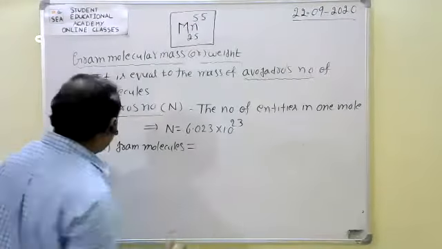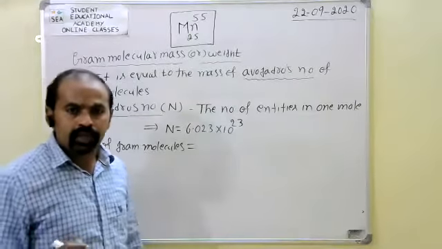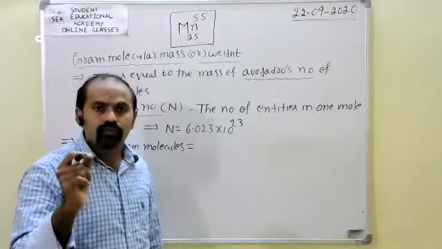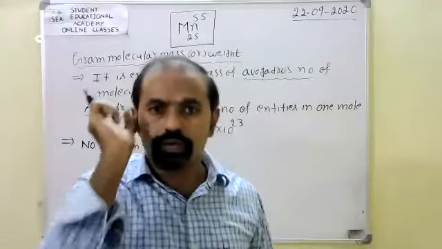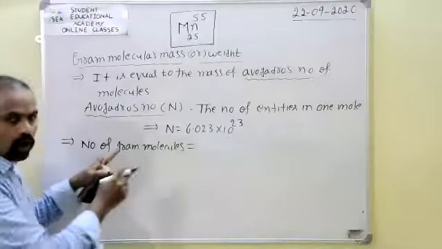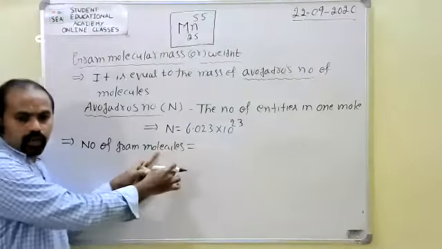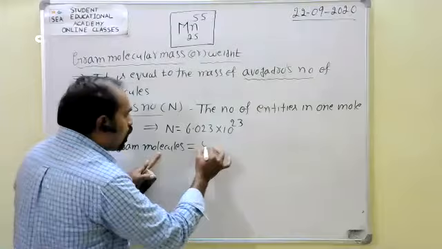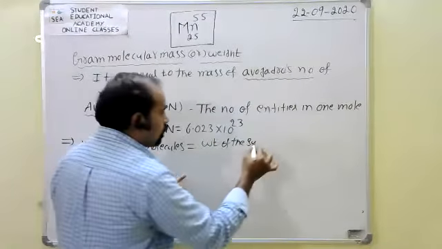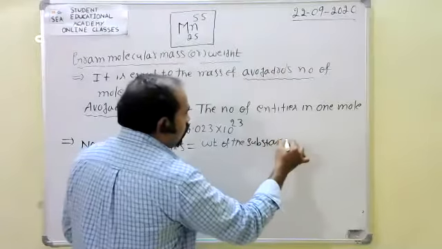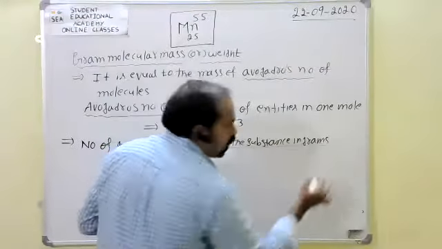Here, the number of gram molecules is calculated by the weight of the given substance in grams upon the gram molecular weight. Before, the number of gram atoms was equal to the weight of the substance in grams upon the gram atomic weight.